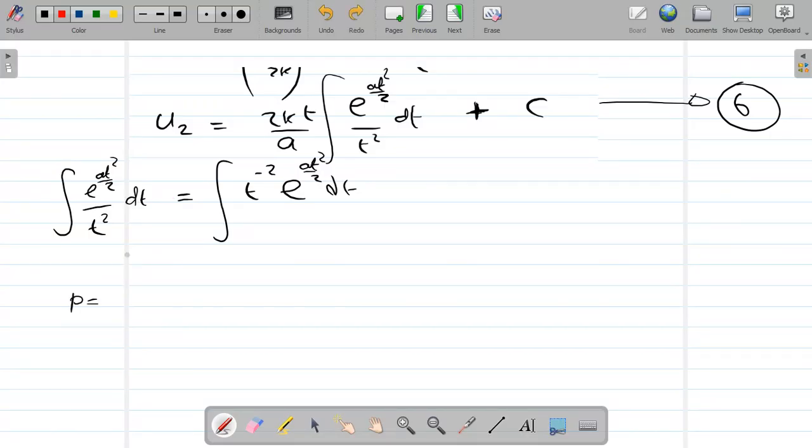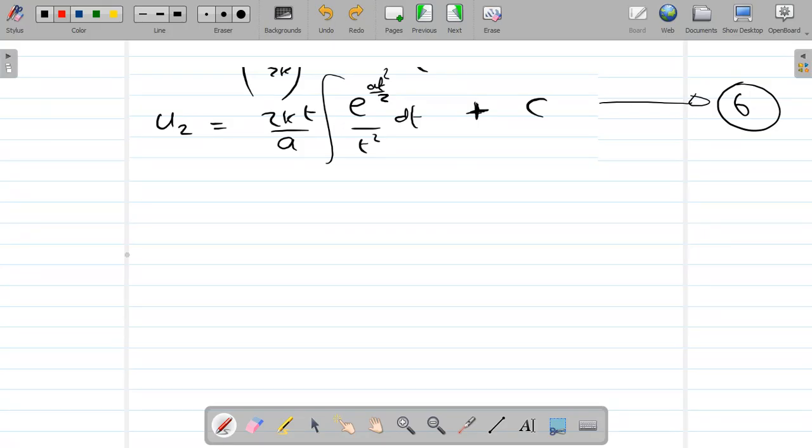So what I'm going to do is leave equation 6 on its own, and we're going to see what Mathematica gets for this integral.